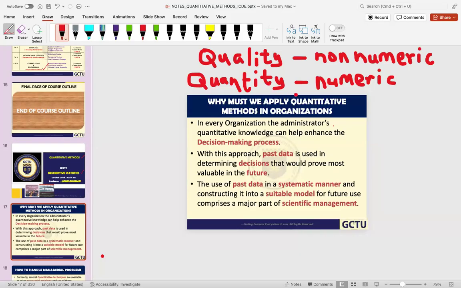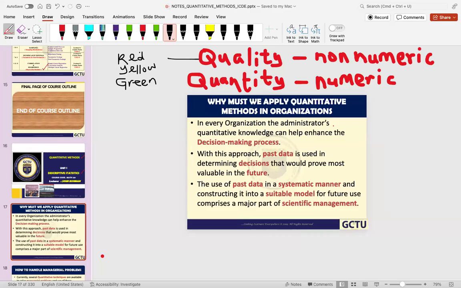Let's look at examples of quality. If I have 3 colors, red, yellow, and then green, and I ask you to describe their quality, it will be very difficult for you to assign numbers to them. You can't say red is better than yellow or yellow is better than green.